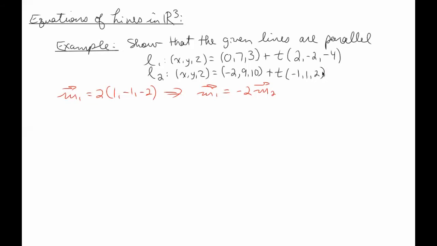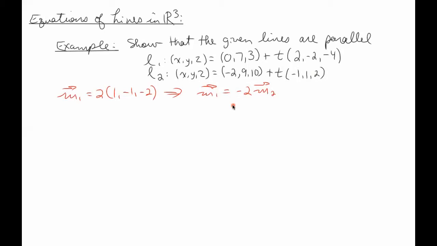So if I do -2 times this vector, -2 times -1 is 2, -2 times 1 is -2, and -2 times 2 is -4. So they are related. They are essentially the same vector, just L1 chose to write the same directional vector as L2 with a scalar factor of -2. So they are the same directional vector.